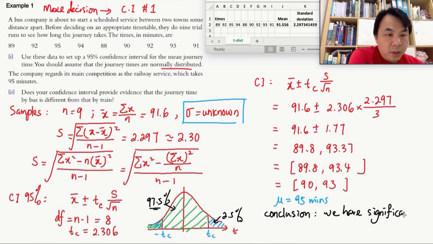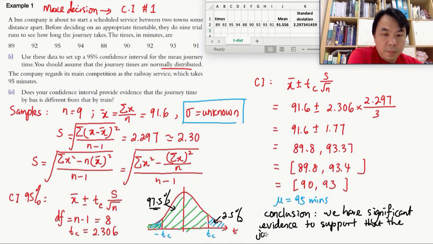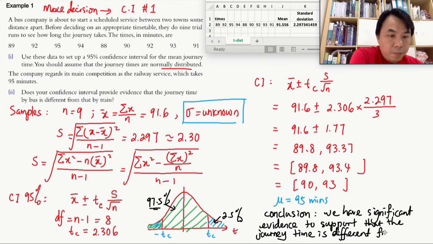So we have significant evidence to support that the journey time is different from the train.